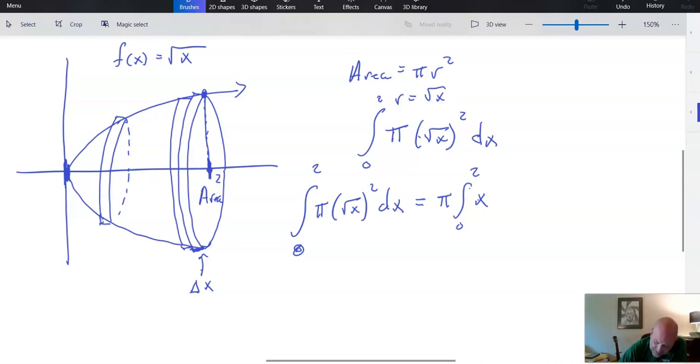You do have to think about the sign of this thing sometimes. And that's a pretty straightforward computation. The integral of x dx would be pi times x squared over 2 evaluated from 0 to 2, right?